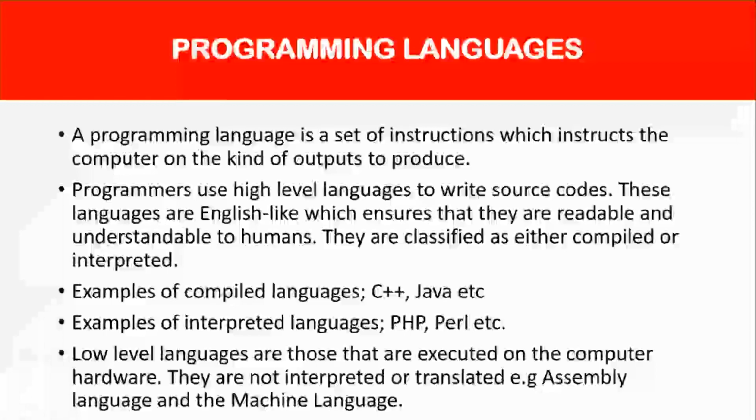So basically, comparing it to a real life scenario, a compiled language can be likened to someone who understands Spanish and English. He wants to address people in English, so he takes whatever he has written in Spanish and translates it to English, so that when he comes out to read it to his audience, they are able to understand what he's saying.